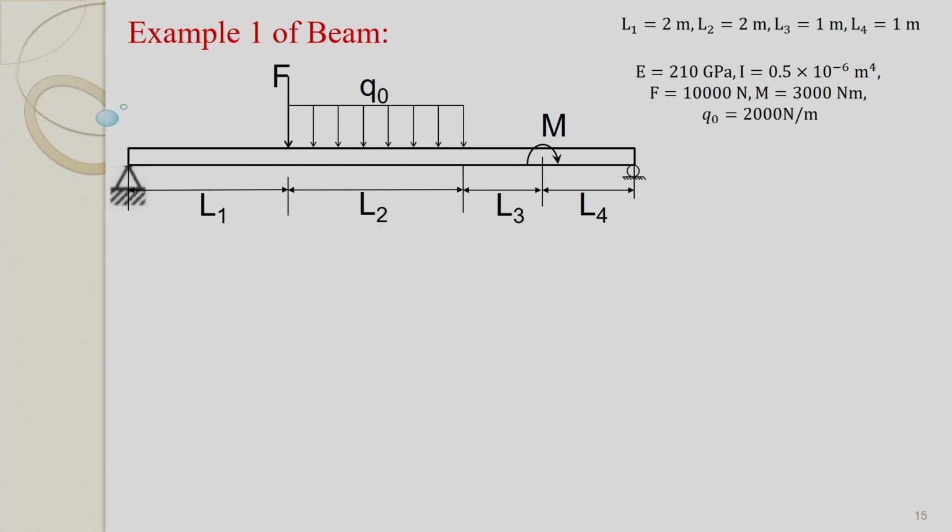This is our first example where both boundaries are simply supported, that is deflection is 0 and they are free to rotate, there is no end moment.